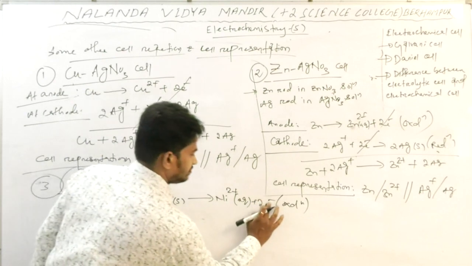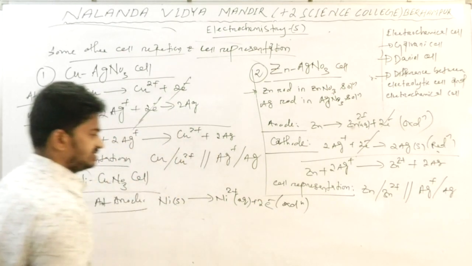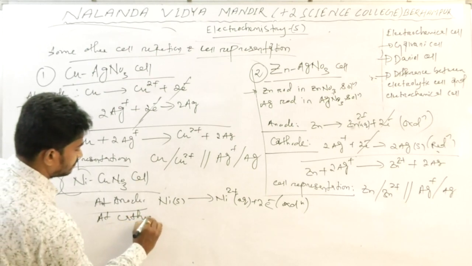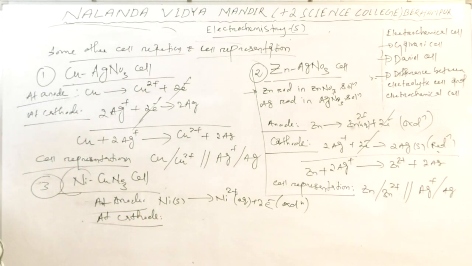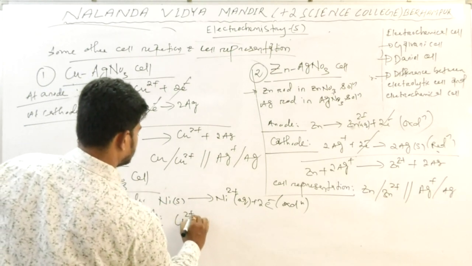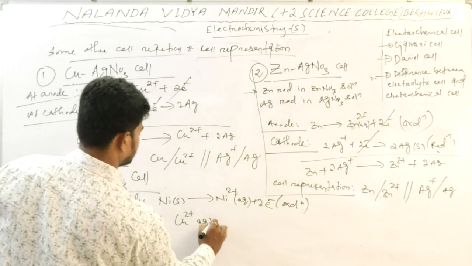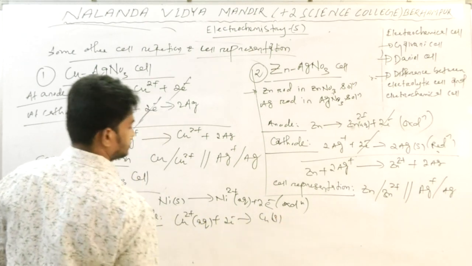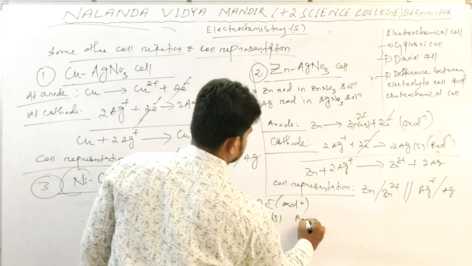Similarly, at the cathode, copper 2 plus ion accepting 2 electrons will give copper solid. It is reduction.